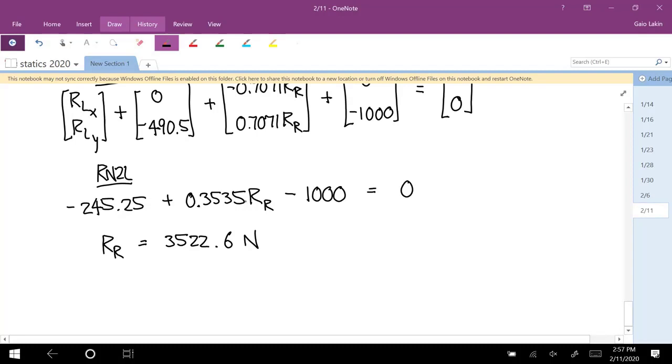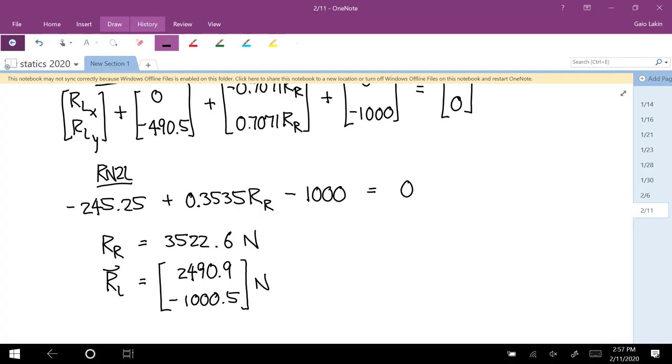And then plug that value for RR into Newton's second law. And for RL, you get 2490.9 in the x direction and negative 1000.5 in the y direction. Any questions about that?